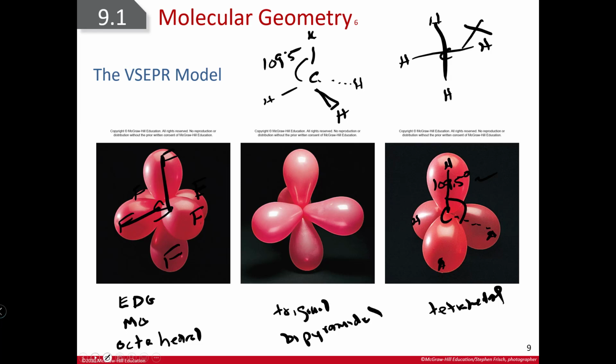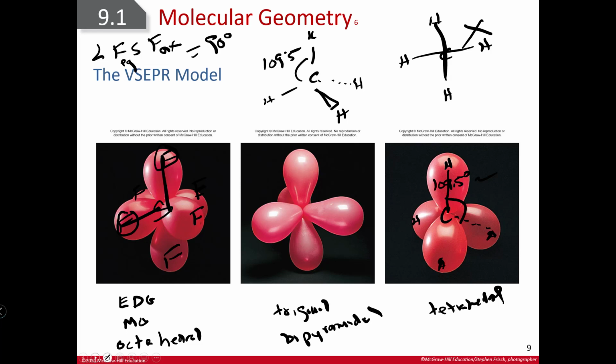The angle between the fluorine, sulfur, fluorine, and this would be equatorial, this would be axial. So this is the equatorial one, and this would be the axial. That angle is equal to 90 degrees. All right.